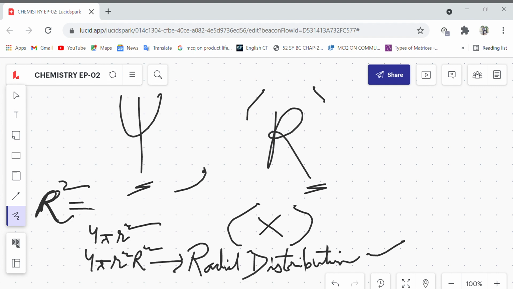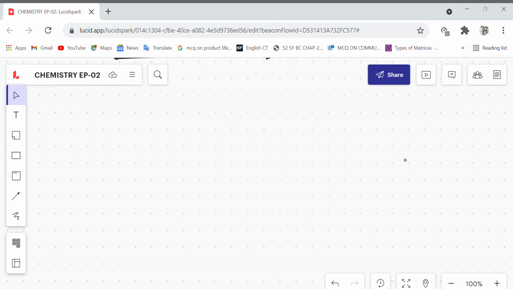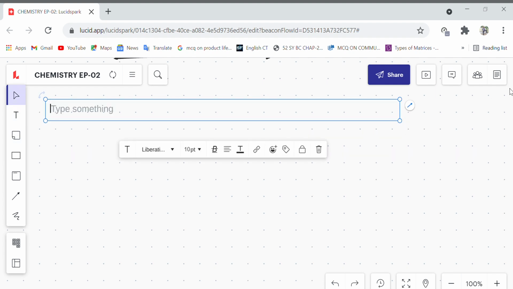So R square is the probability of finding the electron, and we also write it as 4 pi R square capital R square, which is also called radial distribution. Let me tell you some of the key facts, for which I have to use typing. Important key points.